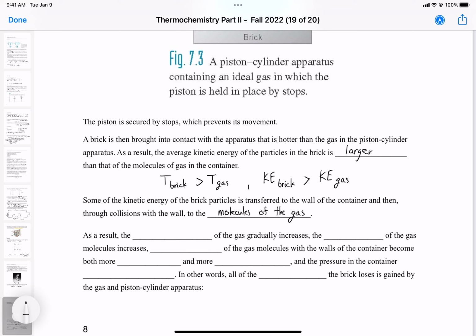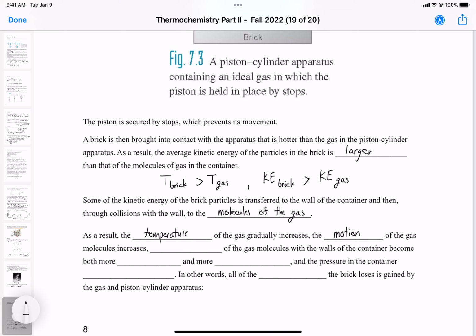So as a result of this, the temperature of the gas gradually increases. And so the motion of the gas molecules increases.